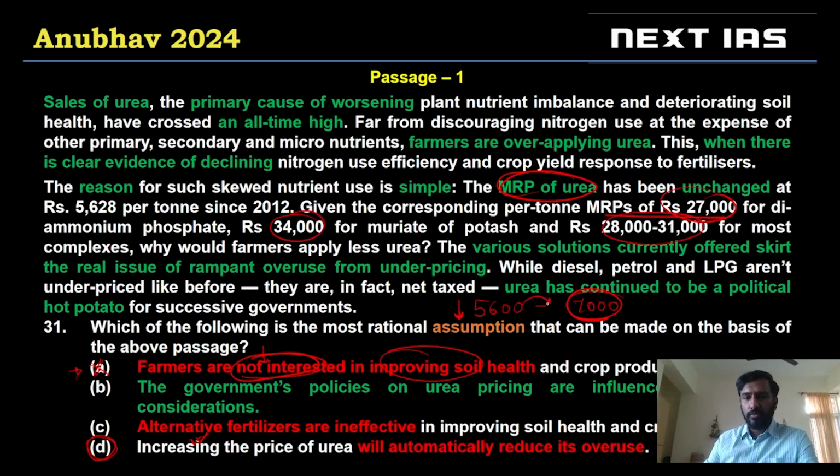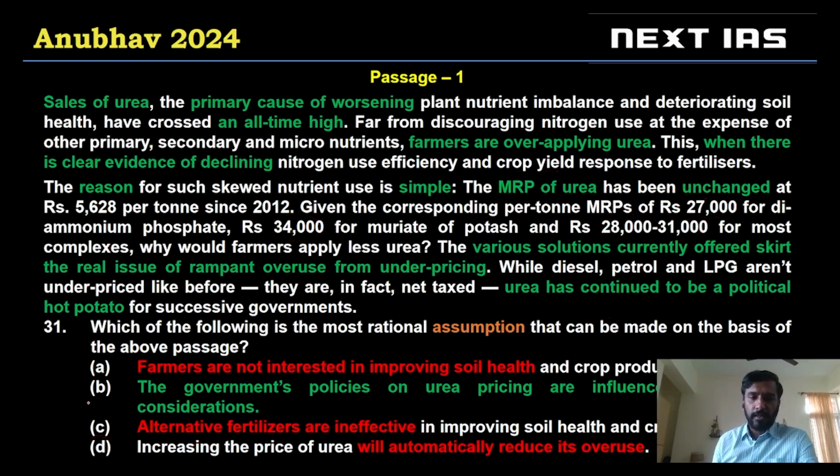So nothing will automatically happen from this change. So increasing the price of urea will automatically reduce its overuse is incorrect, right? Overuse will only be reduced after competitive pricing of all products is done. So that is not discussed and I can't say it will automatically reduce, so D is incorrect, A is incorrect.